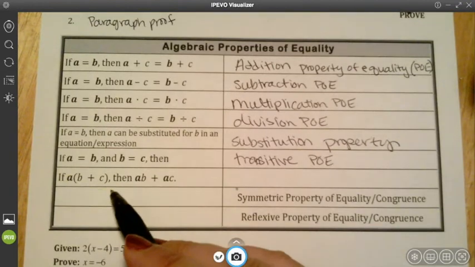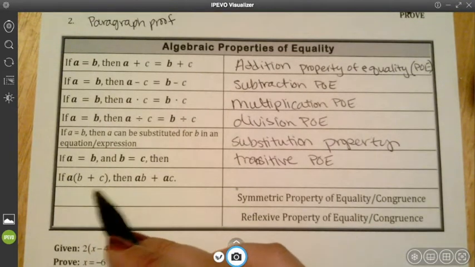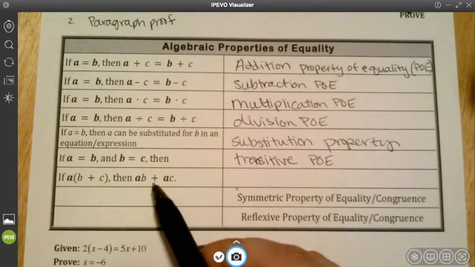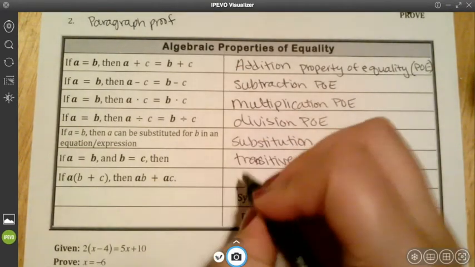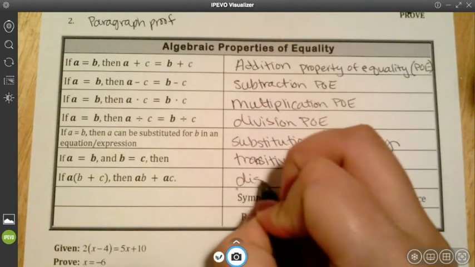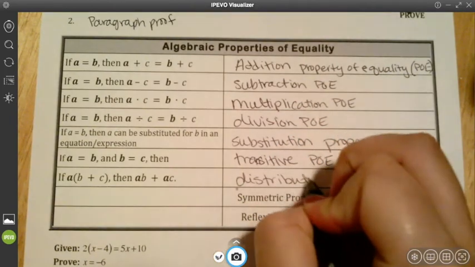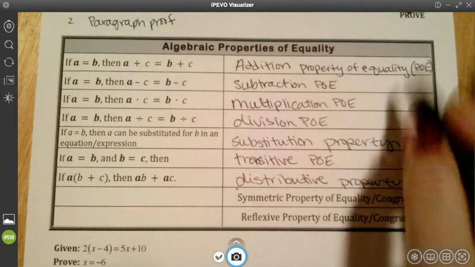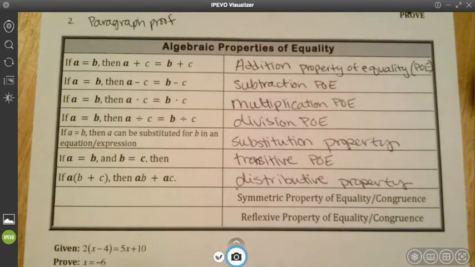And then we have our next one, A times the quantity of B plus C equals A times B plus A times C. So this is the distributive property. So those are our properties of equality. They should be familiar for how to solve equations in algebra.